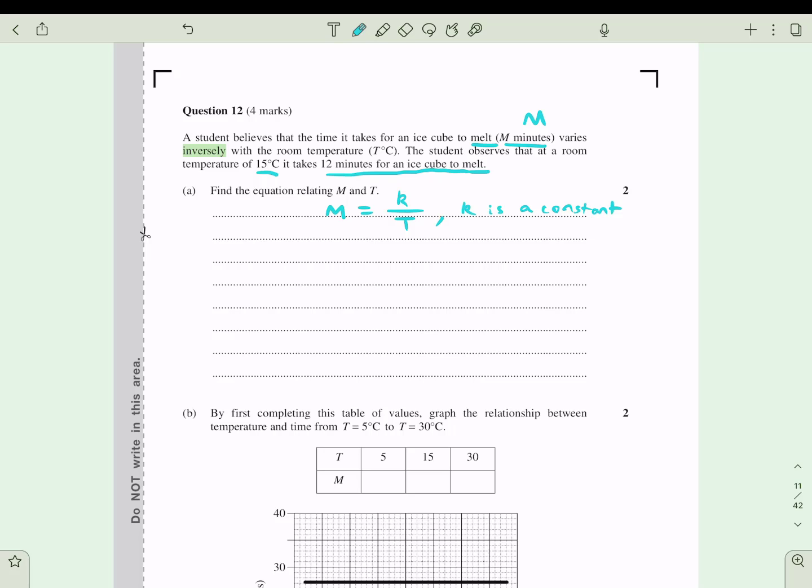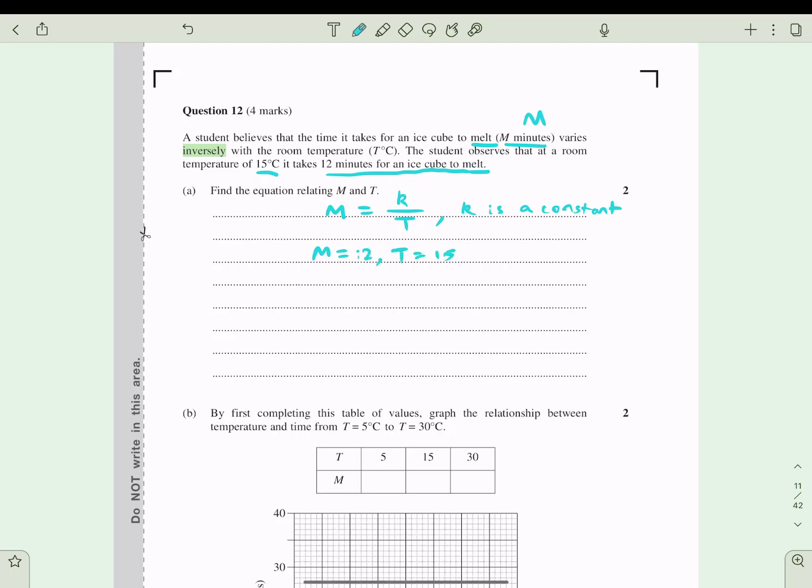All right, now our job first is therefore to find the value of k. And how do we find this value of k? By using the initial conditions that the question gives us. Remember, the question will always give you relevant information to help you out. So in this situation, we know that when m is equal to 12, T is equal to 15.